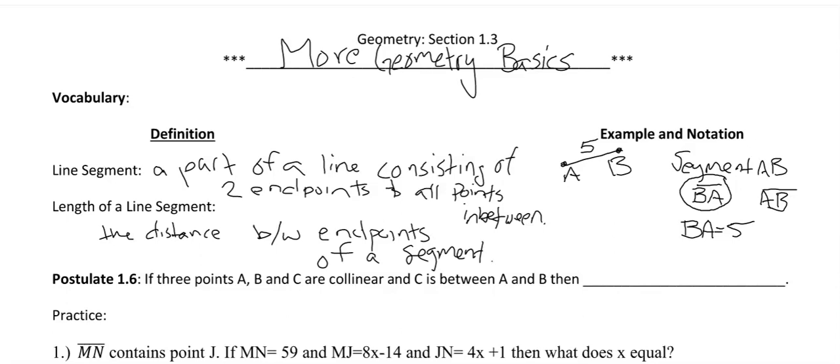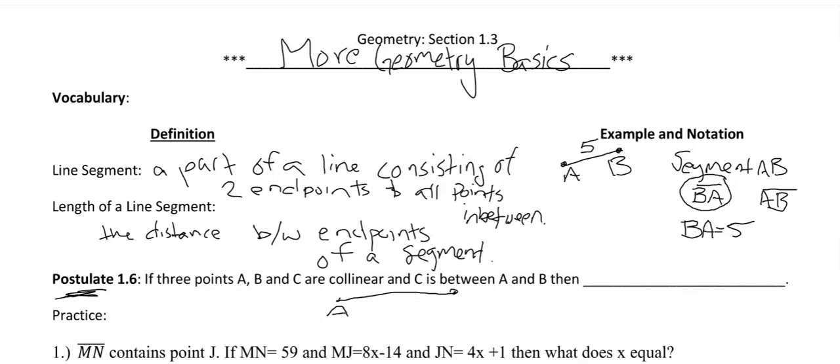Some of the things that we learn in geometry you think are such common sense that you wouldn't even have to write them down. Remember, we talked about this word postulate. Postulate is just something super, super basic. It says if three points A, B, and C are collinear and C is in between A, B, then what do we know? You're going to think this is silly that we're even going to write this down.